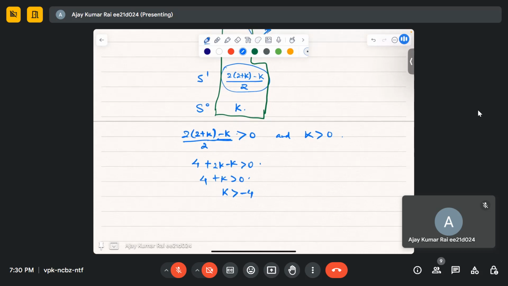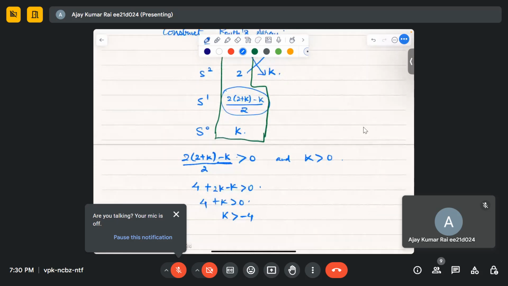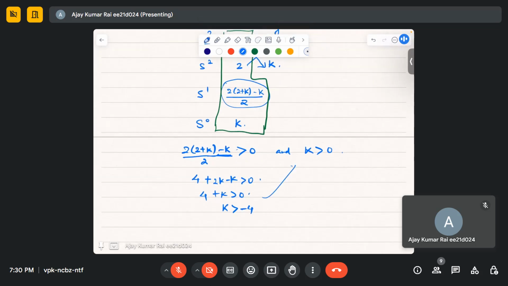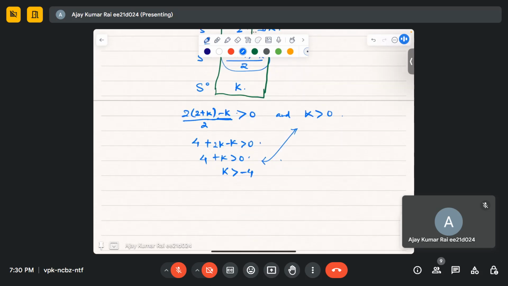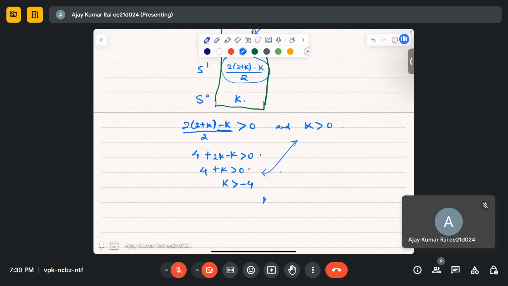So this condition you get from here, k greater than minus 4, and k greater than 0, so this is an AND condition, right? If you take the intersection of these two conditions, what we have is k greater than 0.